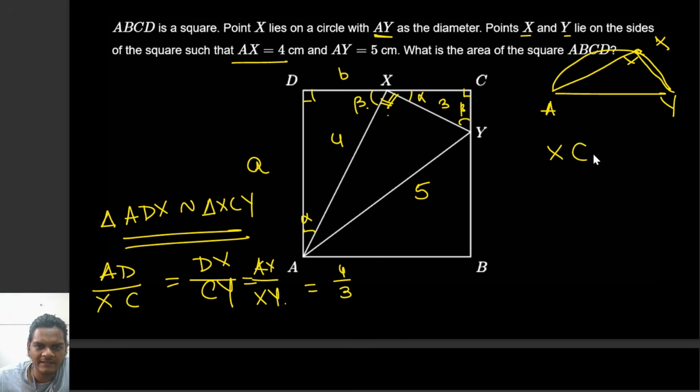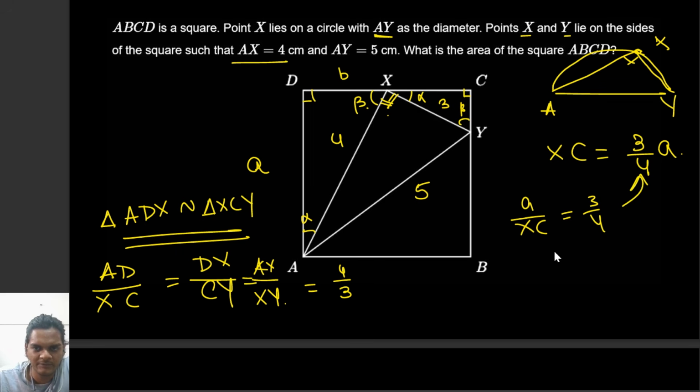So we know XC would be equal to 3/4 of A, right? Because AD was A, so A by XC was equal to 3 by 4.